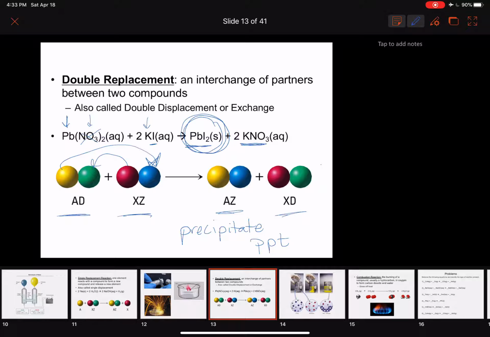Now the solid doesn't always sink to the bottom. Sometimes it kind of floats around in the solution. It just depends on its density.